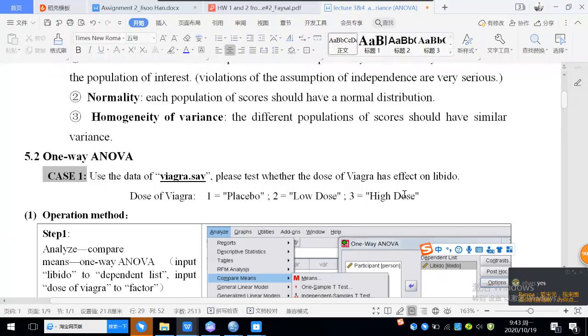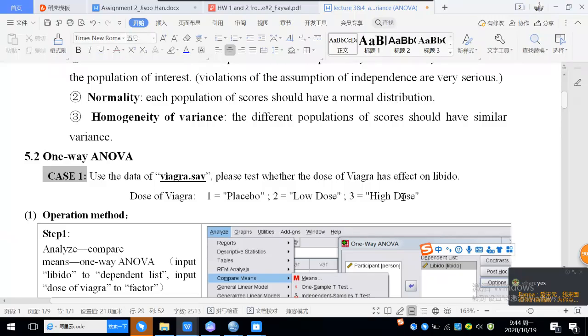After 6 months, we test and record their libido. Then what do we want to test? We want to test whether the dose of Viagra has an effect on libido.